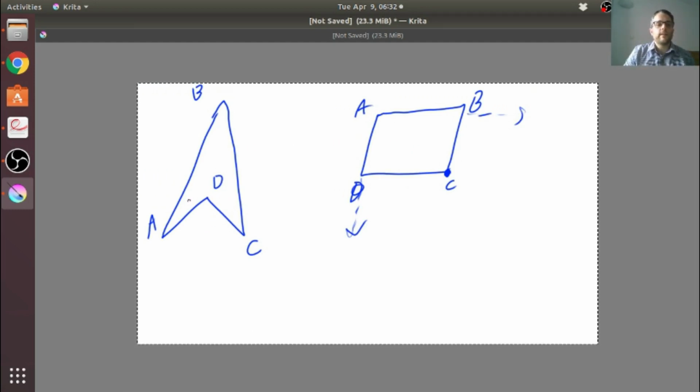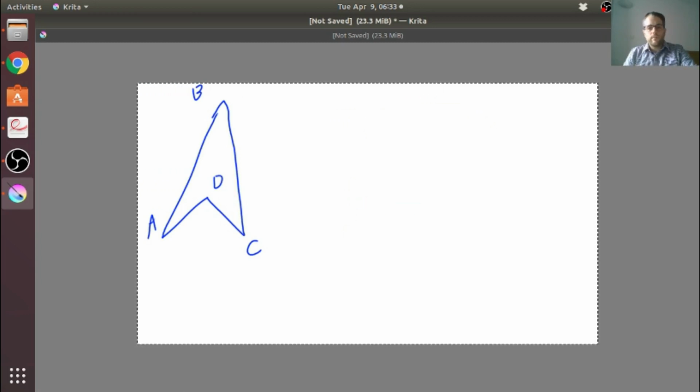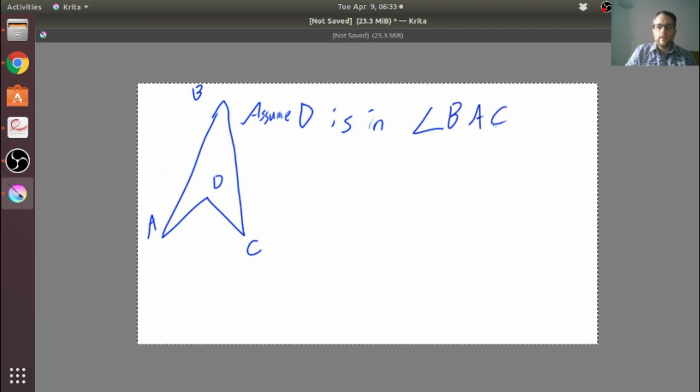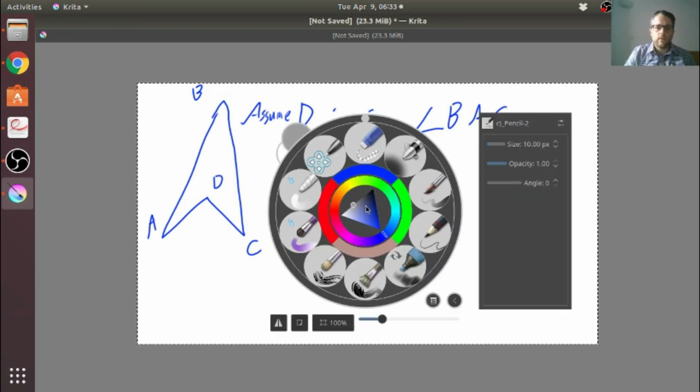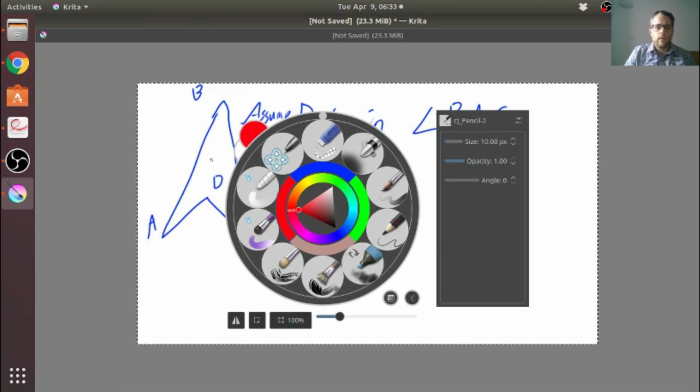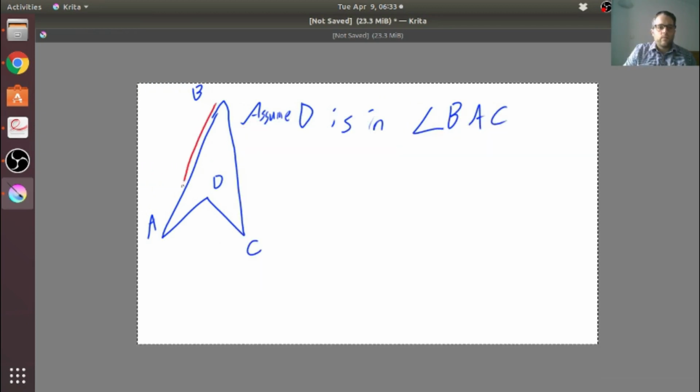So if we have something that's not convex, what that means is one of these vertices, let's say D, is in the interior of angle BAC. Let's say that happens. Let's say D lies in the interior of angle BAC. So a different color. Let's go with red. That means if I draw the angle BAC, D is inside of it.